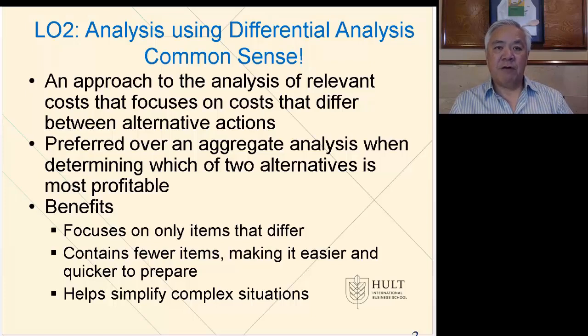Benefits are that we only focus on the ones that matter. Second, it's fewer items, so it's a little quicker. And third, it helps simplify complicated situations. If you have 1,000 things in the air, but only 5 are relevant, if you could sort through and get rid of everything but the 5, you're going to be more efficient and perhaps not make a clerical error.